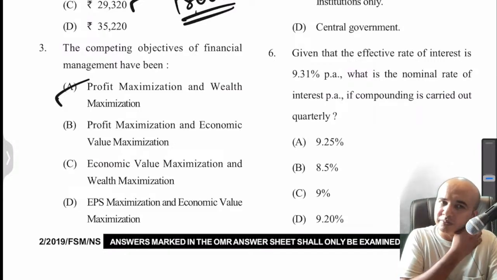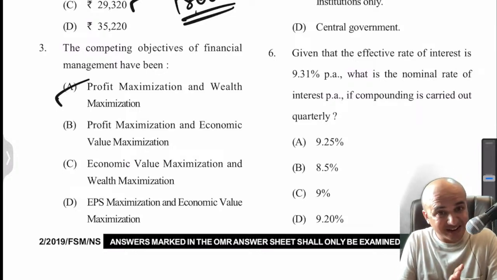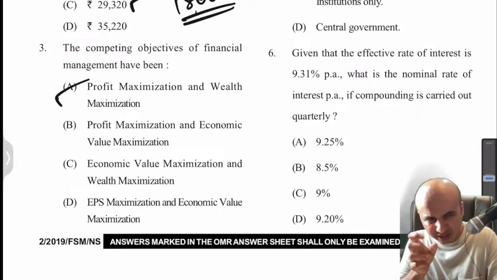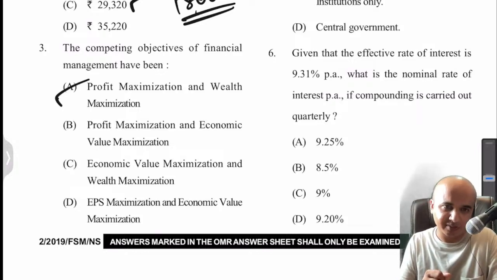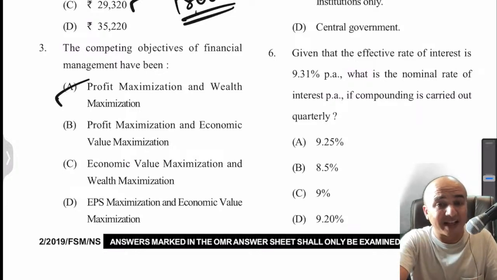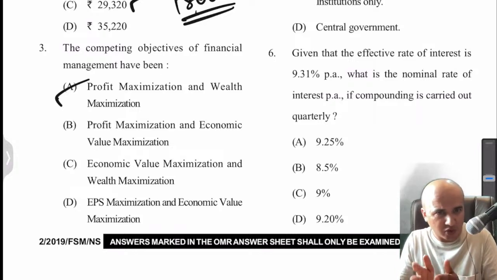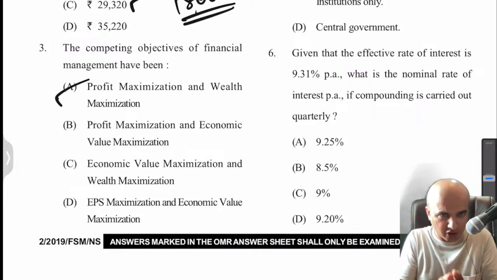See, wealth maximization is actually considered a broader and more comprehensive objective compared to the narrow profit maximization. Profit maximization mostly focuses on maximizing the profits of a company, say in the short term. The goal is to generate as much profit as possible by increasing revenues and minimizing costs.